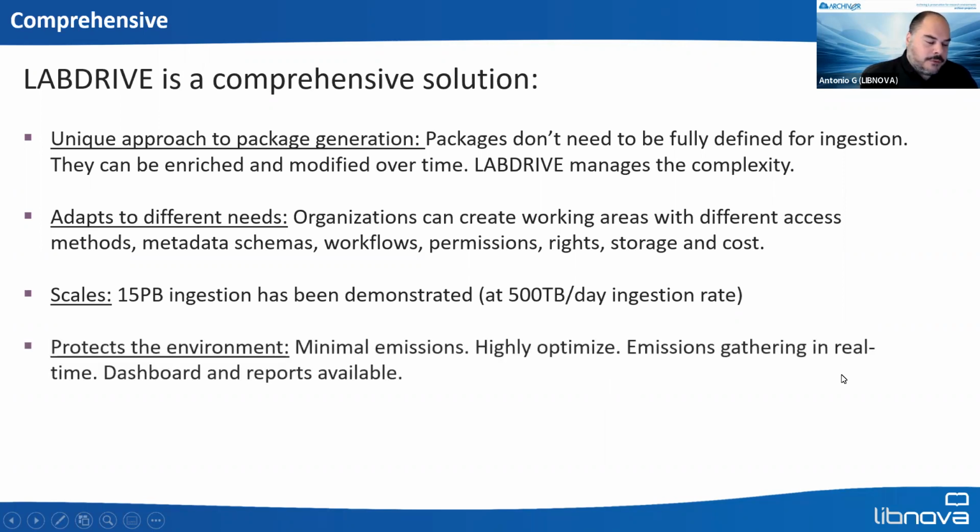And to finish the overview of why we think this is a comprehensive solution, we have been working really hard to make this platform protect the environment. We have been policing every single detail we have been aware of to generate minimal emissions and to create the minimal possible workload on every possible element.